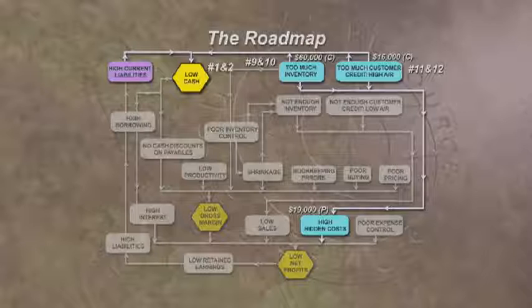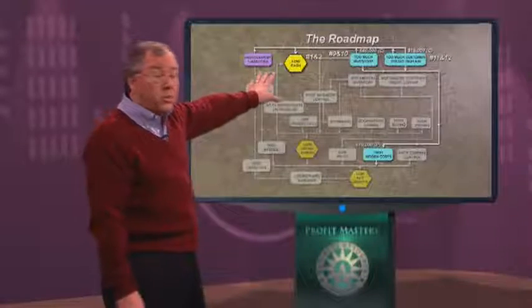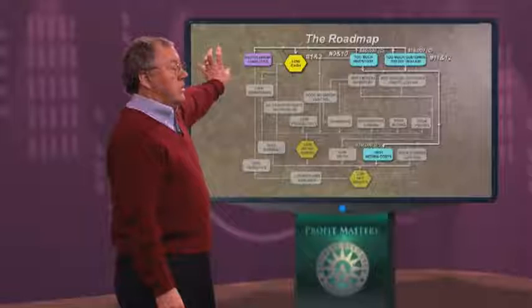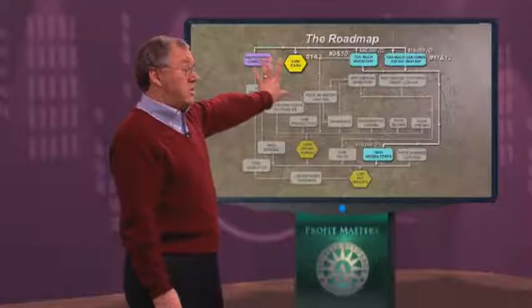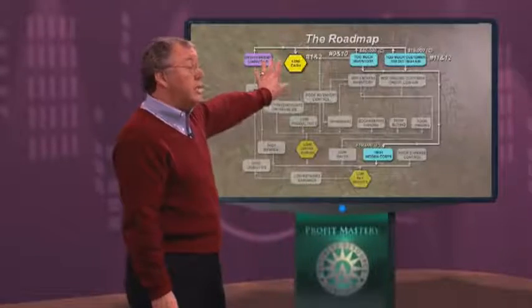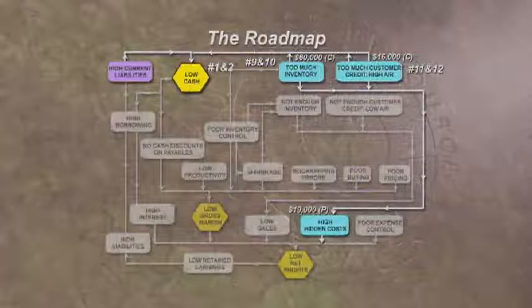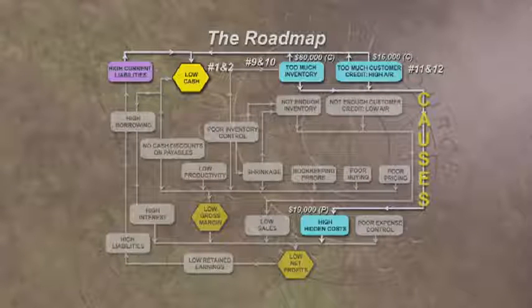So what we've done now is we've summarized essentially from the symptom of low or declining cash is caused by too much inventory, too much receivables. We summarized that into $76,000 total cash impact. Out the bottom, causes high hidden costs.